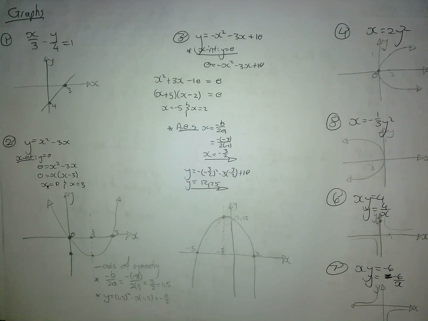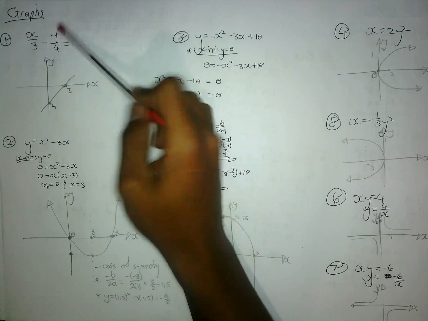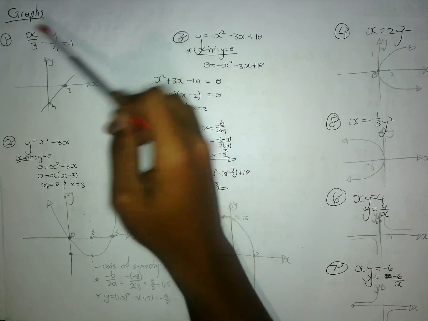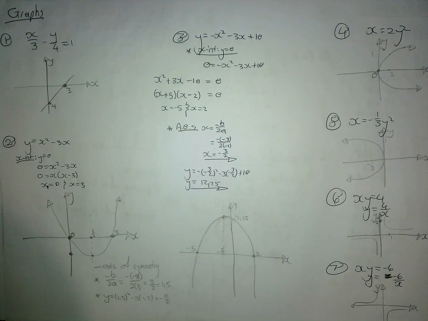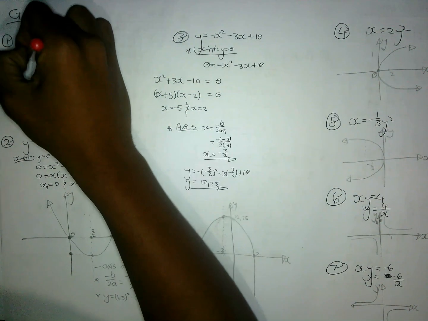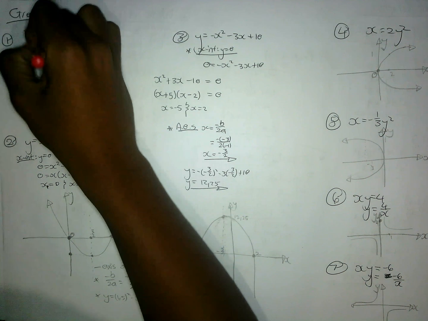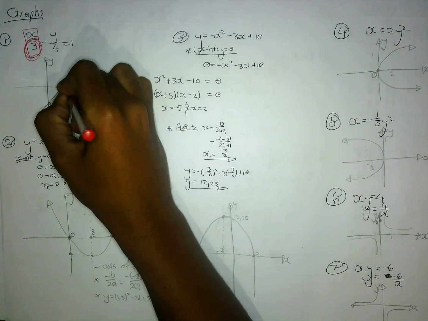I believe if we make y 0 to get x, we'll get the same answer. But this is the shortcut method. No thinking involved. All you do is take that x over 3, it has a 3, you put the 3 on the x-axis.